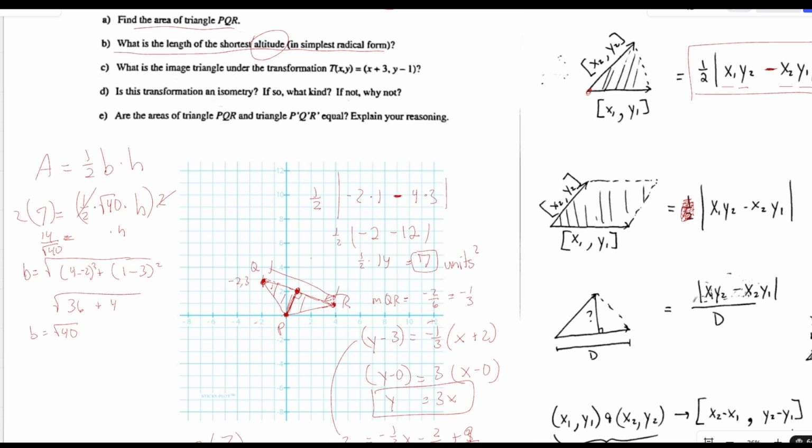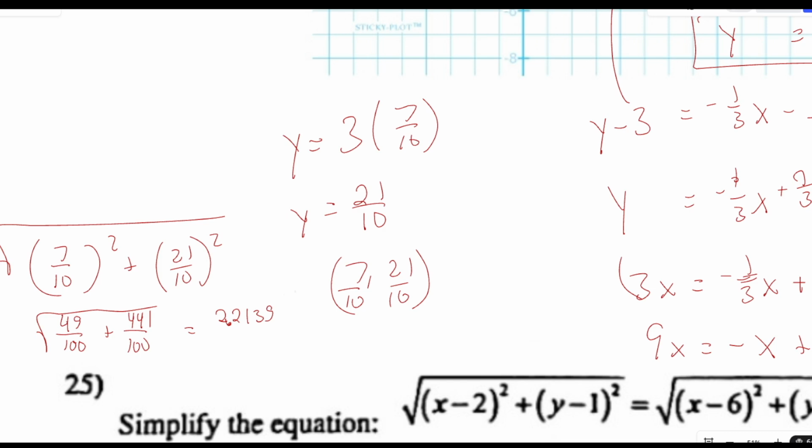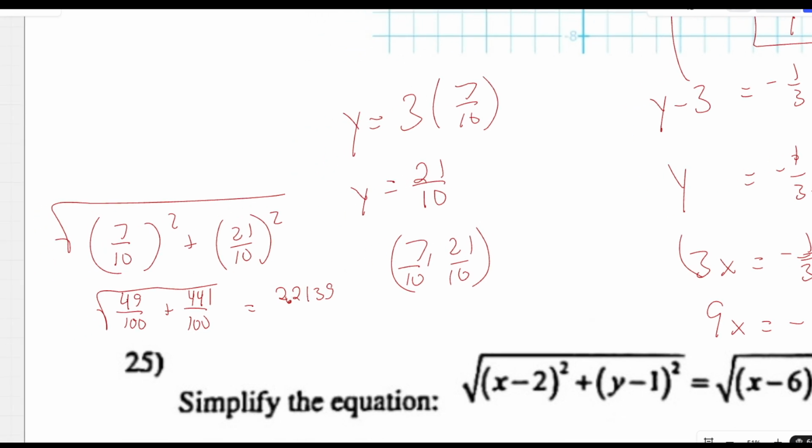This thing looks like it should be about maybe 2.2 or something like that. 14 divided by the square root of 40 is approximately 2.2136. All right, so we're good. So that was definitely the easier way, so remember that one. I just came back and verified, get the same answer with the hard way.